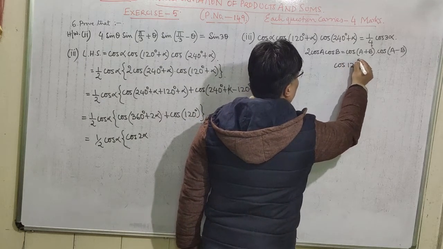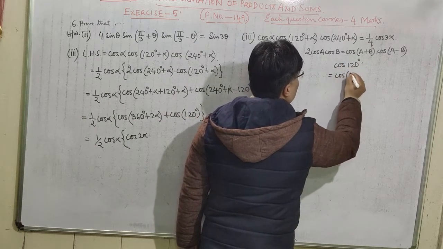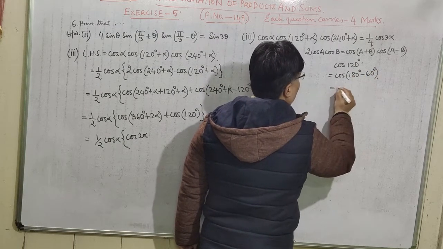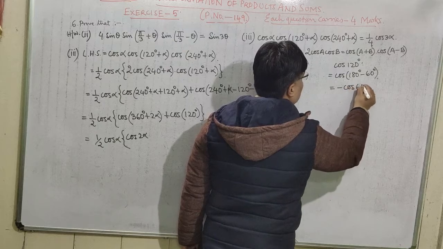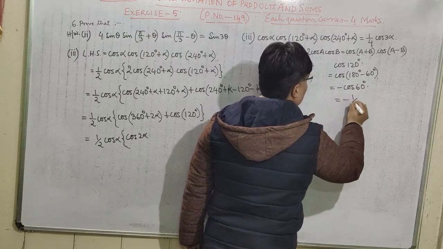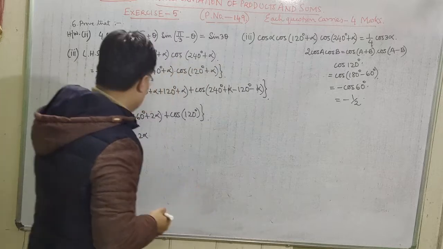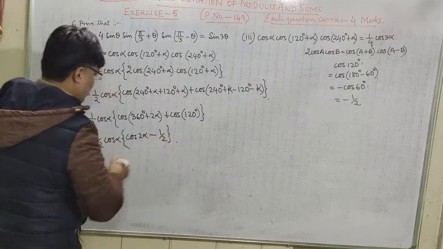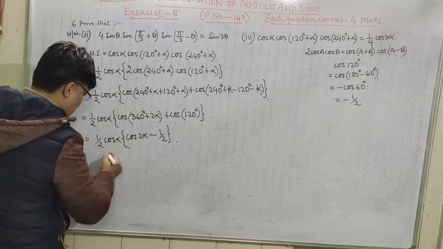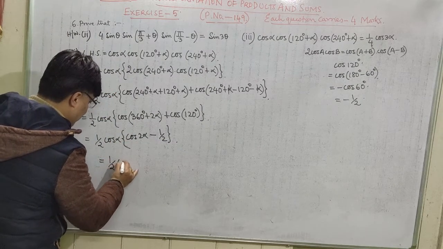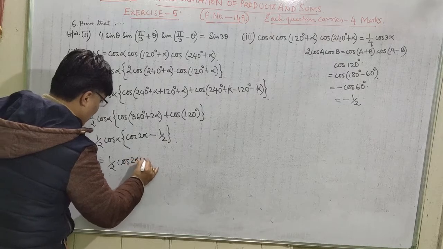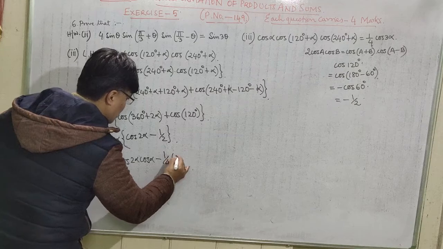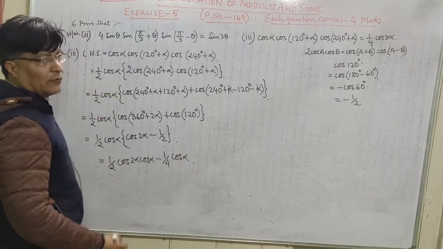Cos 120 is equal to cos of 180 degree minus 60 degree, which is equal to minus cos 60 degree, which is equal to minus half. Okay, so here you can write minus half. Second bracket is closed. So now let us multiply them. This is half cos 2 alpha minus half into half, 1/4, then cos alpha, right?